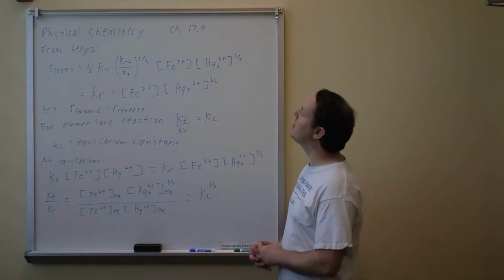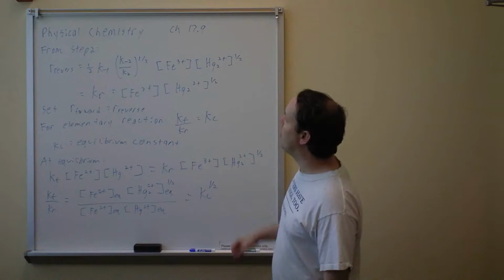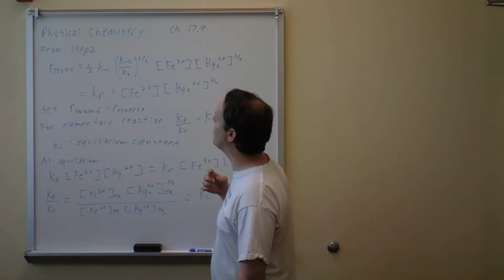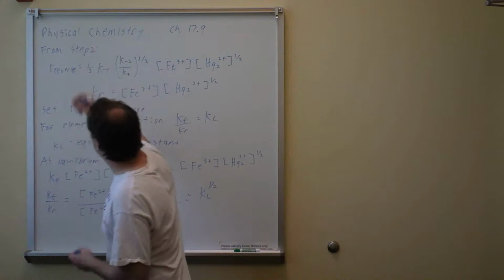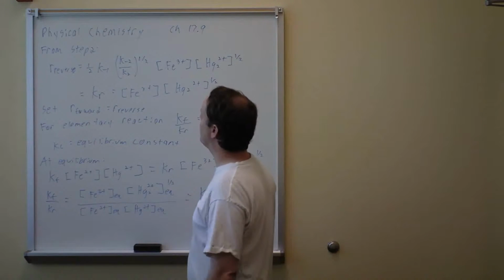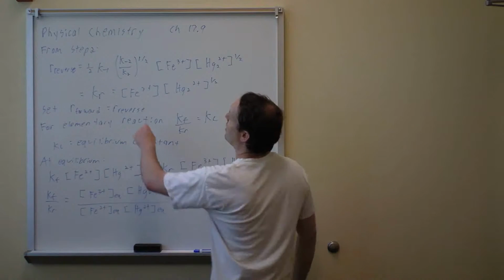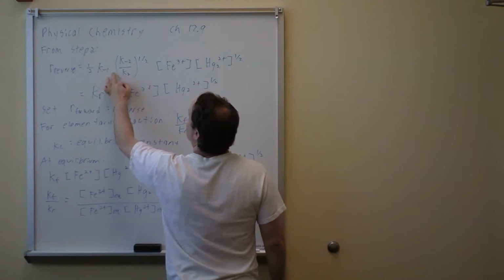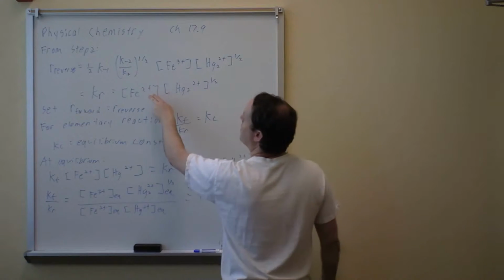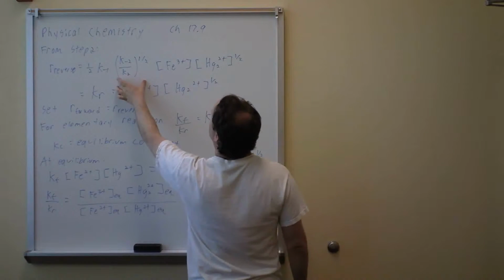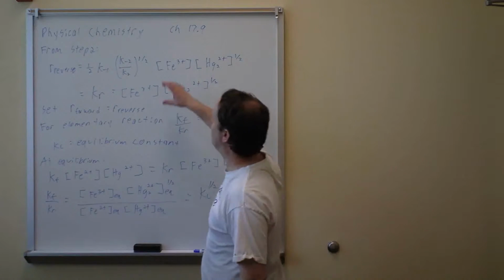Okay, now in physical chemistry, chapter 17, section 9, we're still on step 2 of that example. Oops, I spelled reverse wrong. So now we have the rate for the reverse reaction is 1/2 times the rate constant for the reverse reaction of that elementary step. Oh yeah, so we substituted that in, what we did on the previous step.